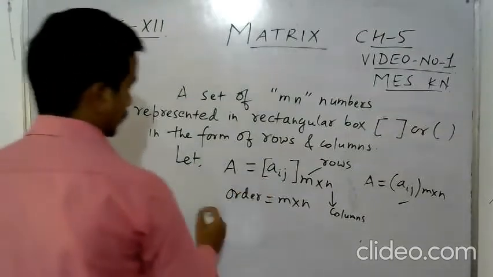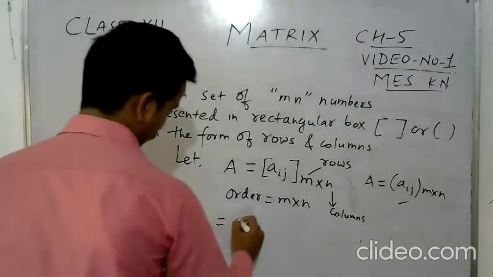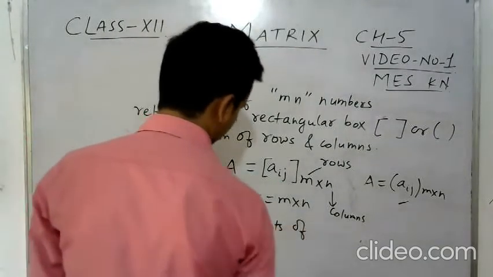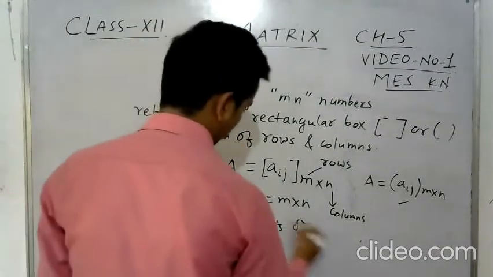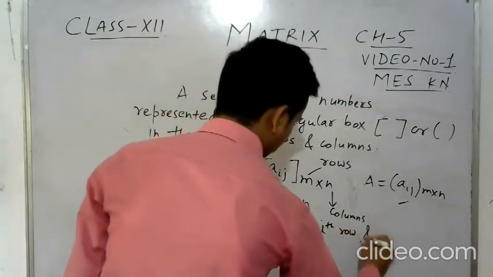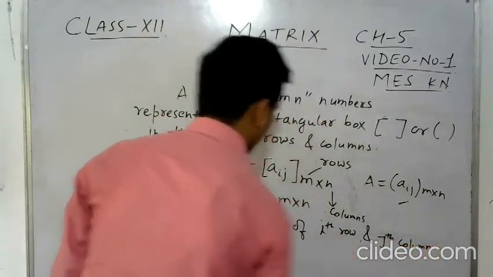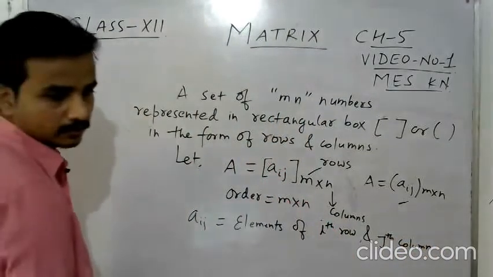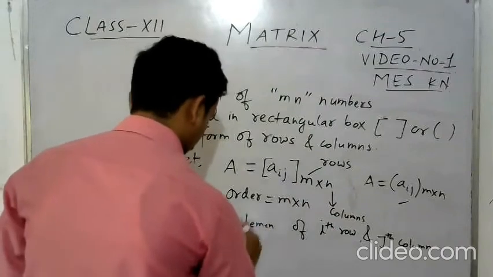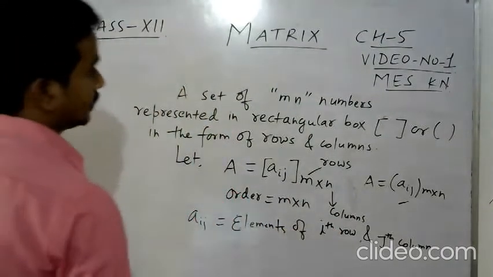So what is aij? aij stands for the element corresponding to the ith row and jth column.